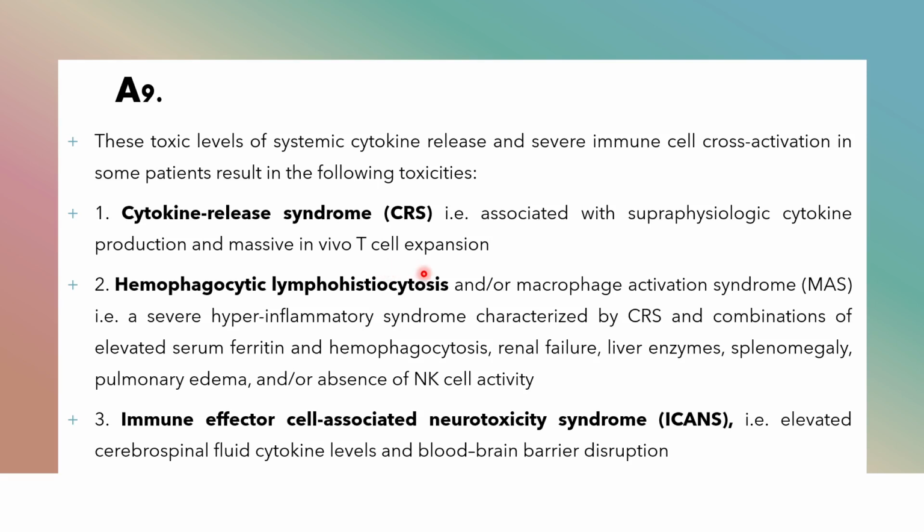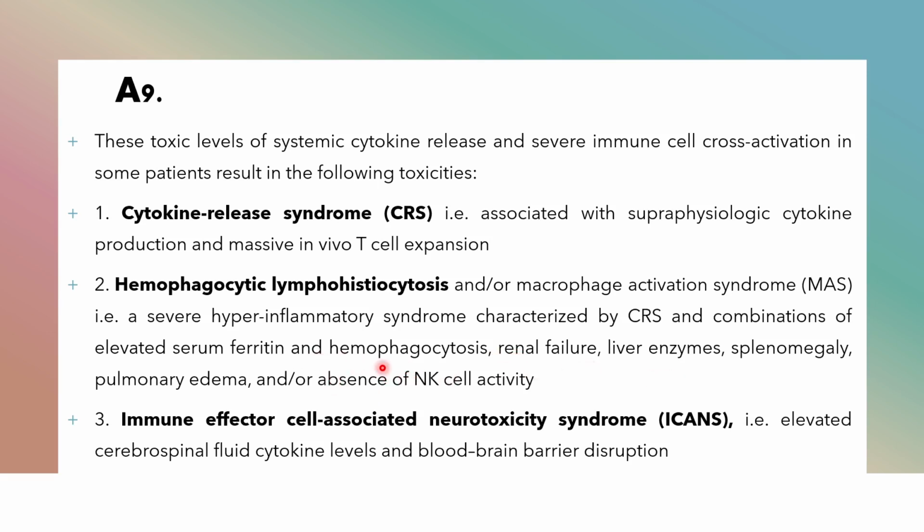Okay, next, hemophagocytic lymphohistiocytosis, that means macrophage activation syndrome. Okay, this is also called macrophage activation syndrome. That is a severe hyperinflammatory syndrome characterized by CRS, that is cytokine release syndrome, and combination of elevated serum ferritin and hemophagocytes, renal failure.